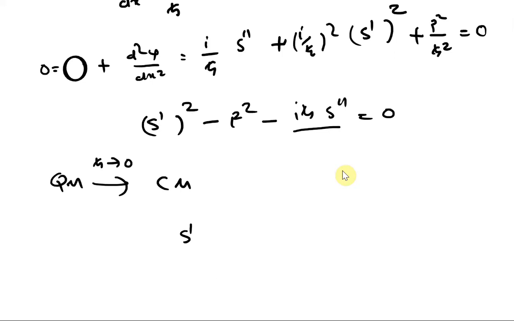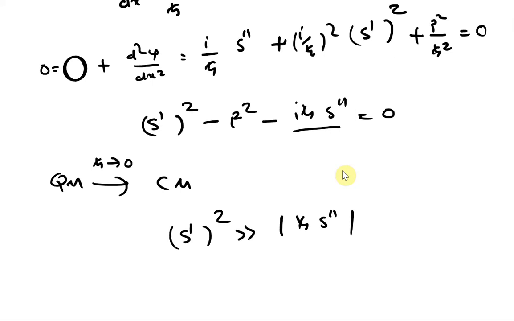Okay, so that will give you something like s prime square is going to be really large compared to the magnitude of h cross s double prime.